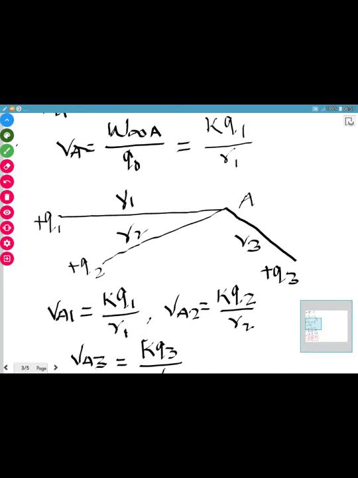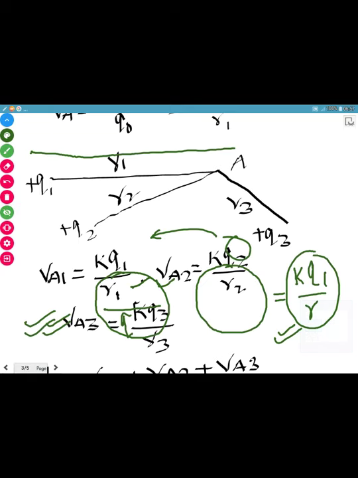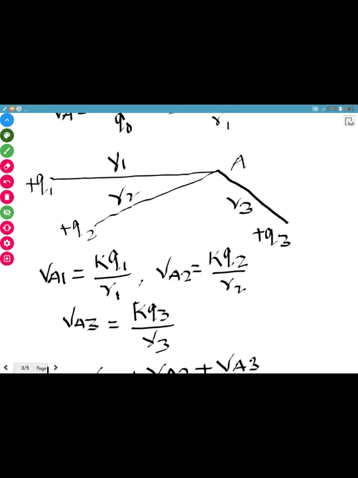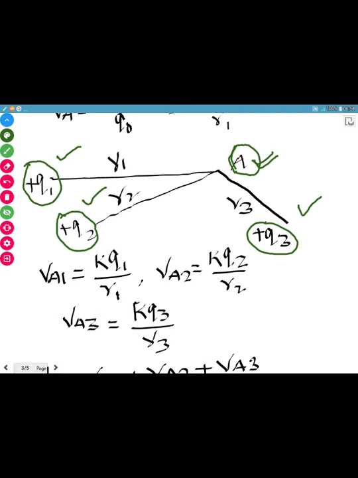Say for example, here you can see another system in which this is the source charge Q1, and this is the point A where we have to find the potential, and there are two more charges, Q2 and Q3. Then how can you find the potential? According to the superposition principle, the voltage at A is the algebraic sum of the voltage due to Q1, the voltage due to Q2, and the voltage due to Q3.